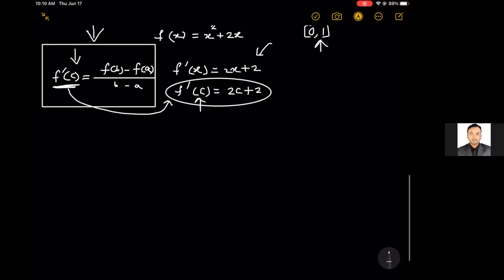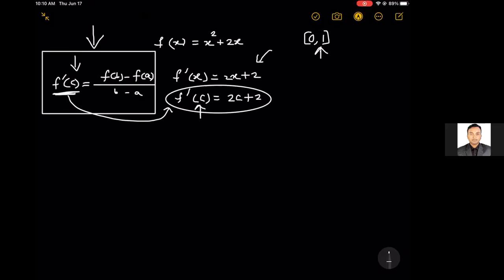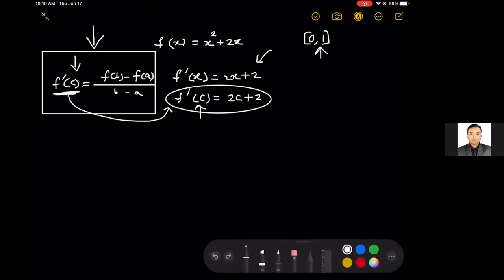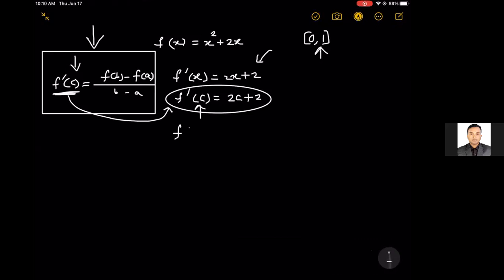Okay, the second job is to find the right-hand side. Okay, let's do that. So f of b minus f of a over b minus a, right?